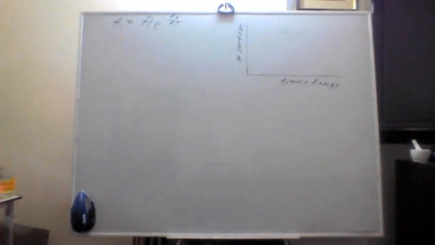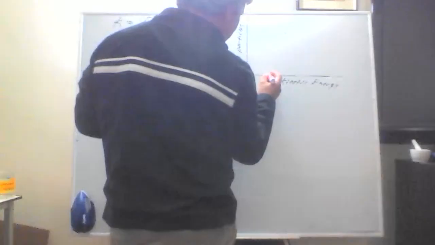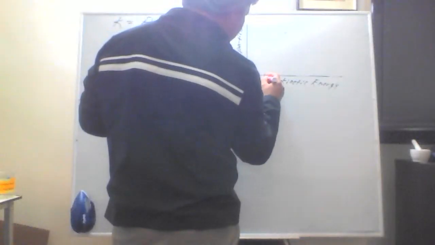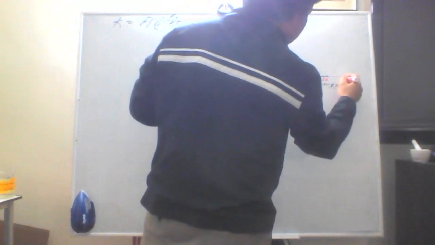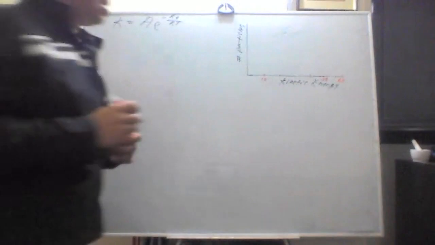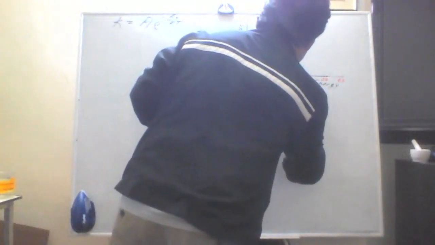So what kind of numbers do we get? The kinetic energies that are found on those graphs are usually in the range of tens of thousands. So we're going to write here like this is a 10,000 for this example, 20, 30, 40, about 50,000, 60,000. I'm going to leave it at that. And this is in units of joules per mole.